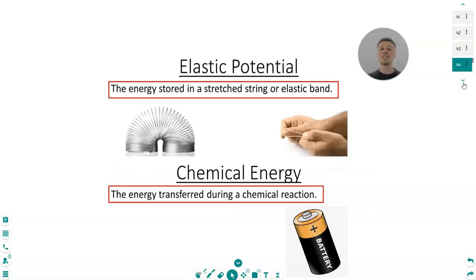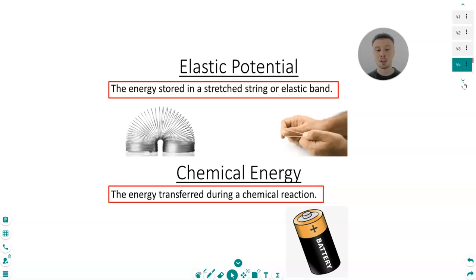Next we have elastic potential, very similar to our gravitational potential here. But when we stretch an elastic band or a string, you feel that tension in the band. You let go and it pings away, it moves off with kinetic energy. So elastic potential is the energy stored within a stretched string or an elastic band.